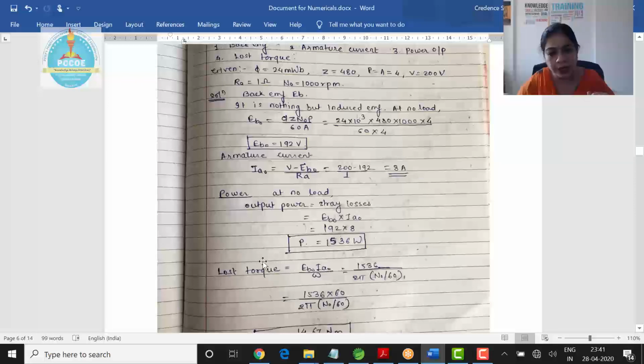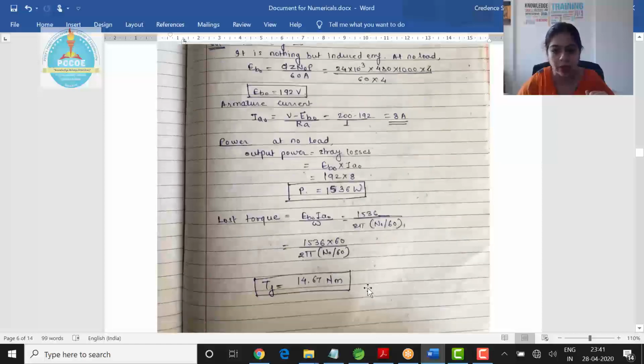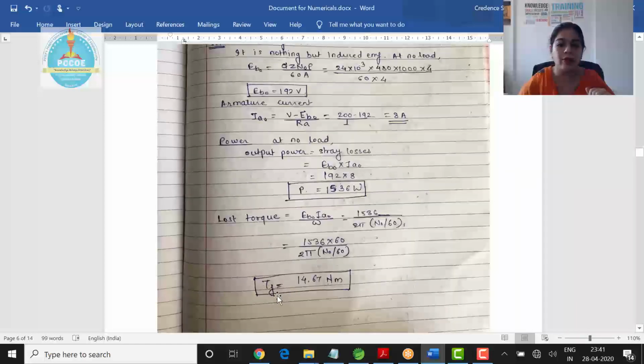So T is here, we have just taken the omega at the denominator, and by putting the values here I can get the value of loss torque, because I get the value of power output. Output power is equal to torque into omega. But as it is a no load, whatever torque is getting produced is the loss torque. So I can easily calculate loss torque from this part of the equation.